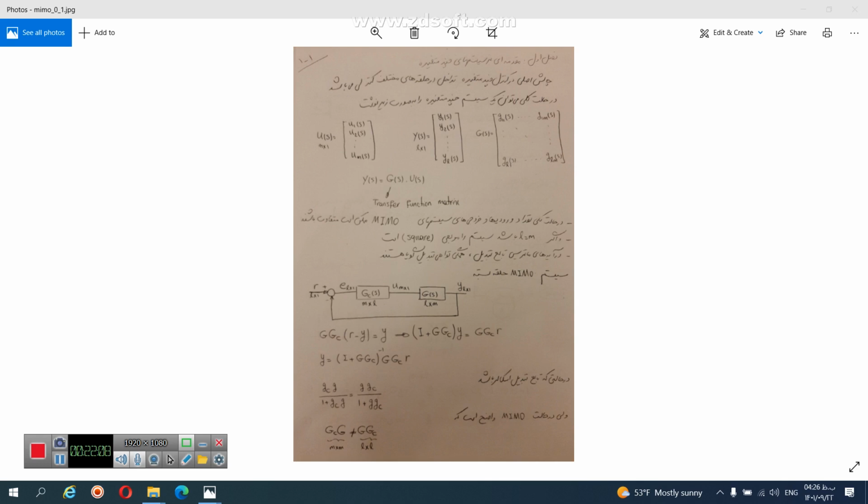You should remember always, it's not equal. Maybe in one case, maybe it's equal, but in general, it's not valid.